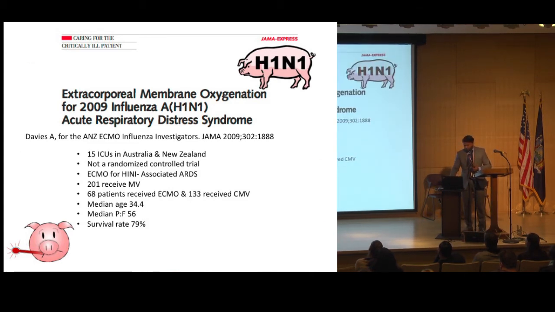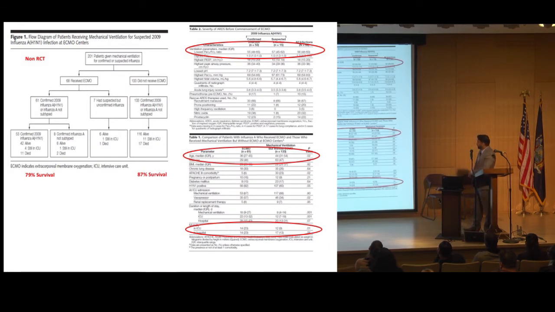What came out of this was that the patients who were placed on ECMO had about a 79% survival rate, and the patients who did not had an 87% survival rate. If you look at the statistics, you're like, oh, 79, 87.